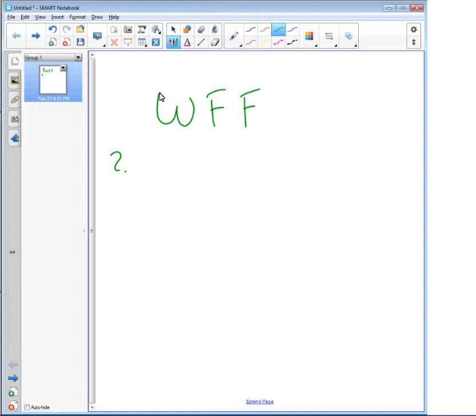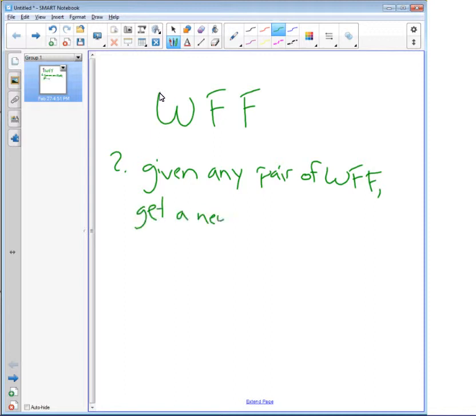But, so the second rule is given any pair of formulas. So given any pair of well-formed formulas, we can get a new one by using any of our other operators.